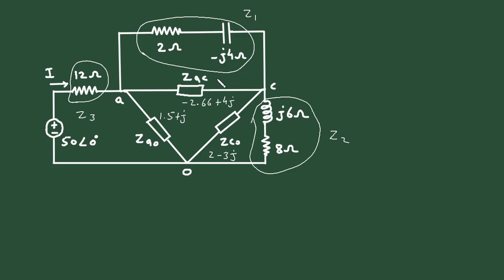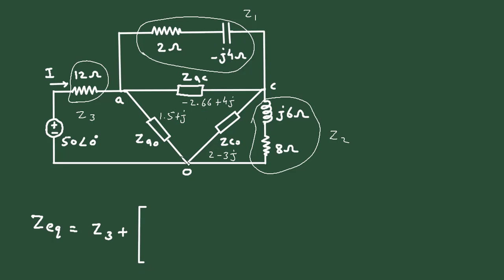Z1 is parallel with ZAC. So we can write ZEQ as Z3 in series with these two parallel impedances. Let's take this in square brackets like this.